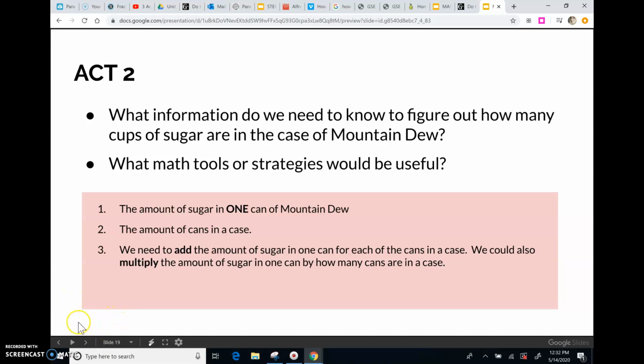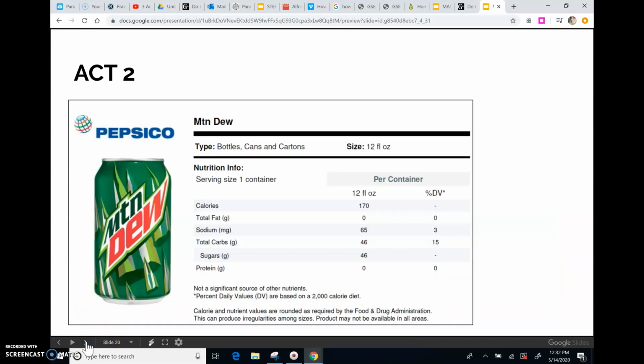Now we're ready to see some more of the information that the 3-act task gives us. So here we have the nutritional information for one can of Mountain Dew. It tells you the calories, 170 calories. It has that 12 fluid ounces are in a container.